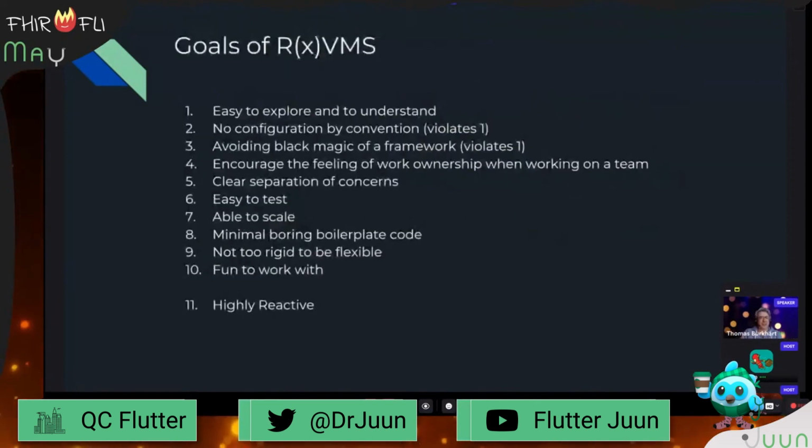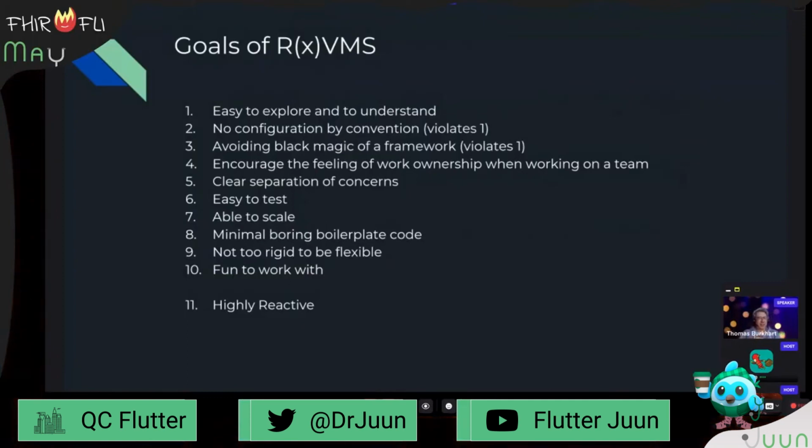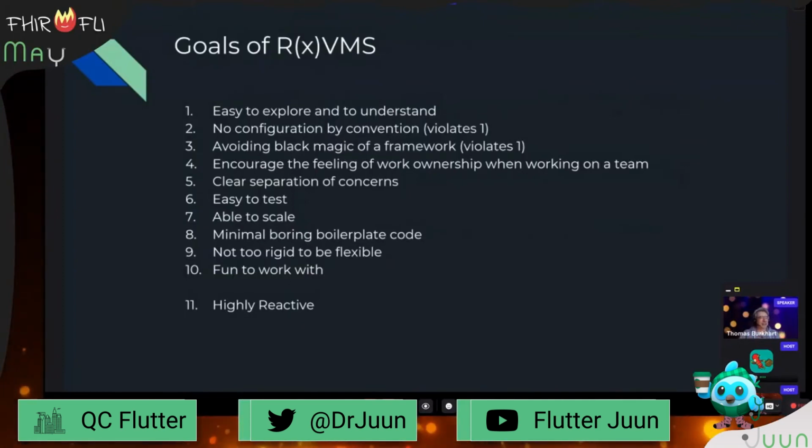And yeah, the goals of RVMS: you see there is an R. It was called RxVMS before, and I will go into this a little bit later. This is the evolution from RxVMS. Also, it speaks easier.